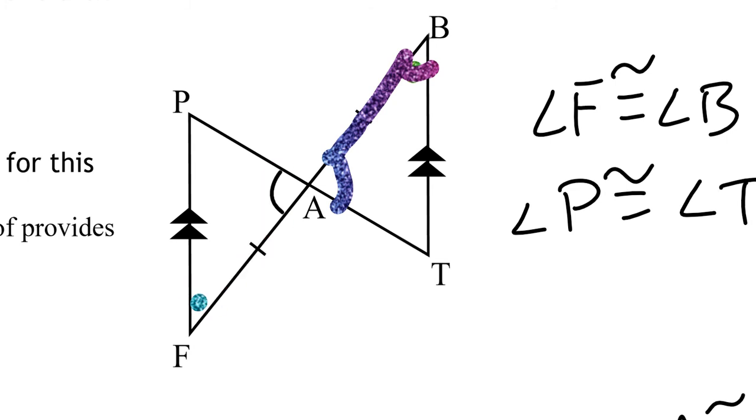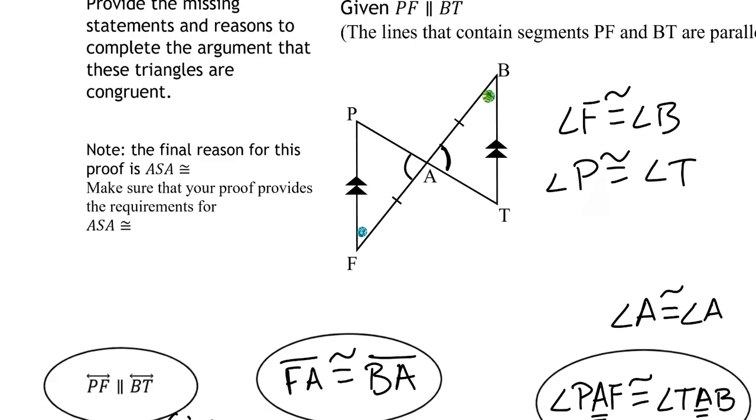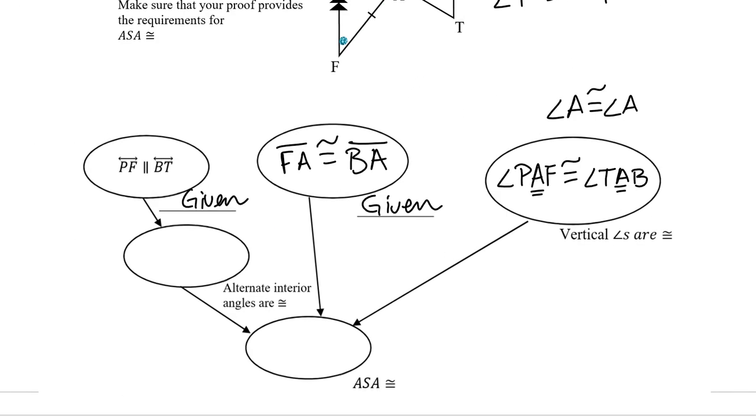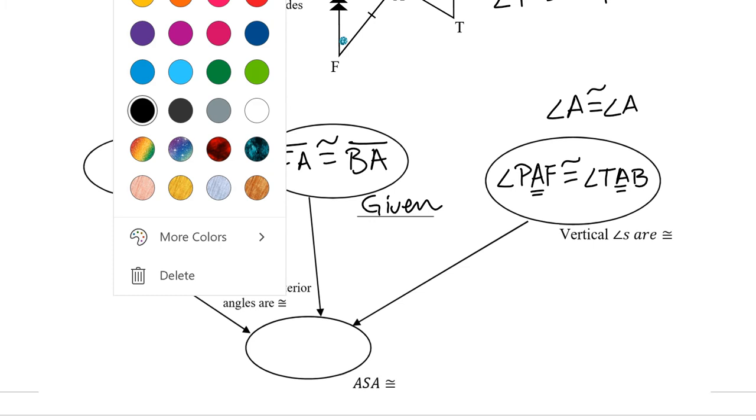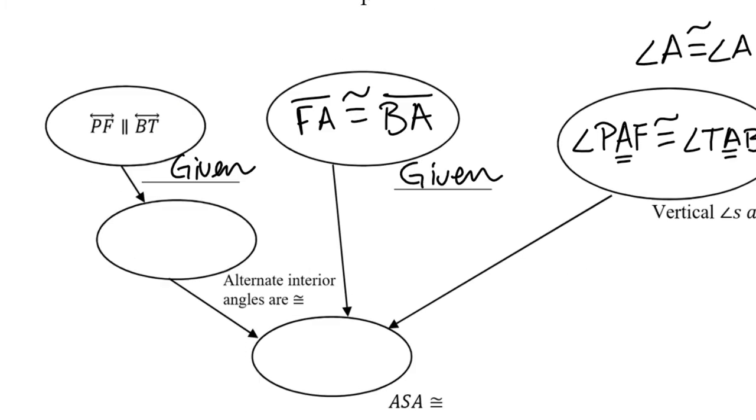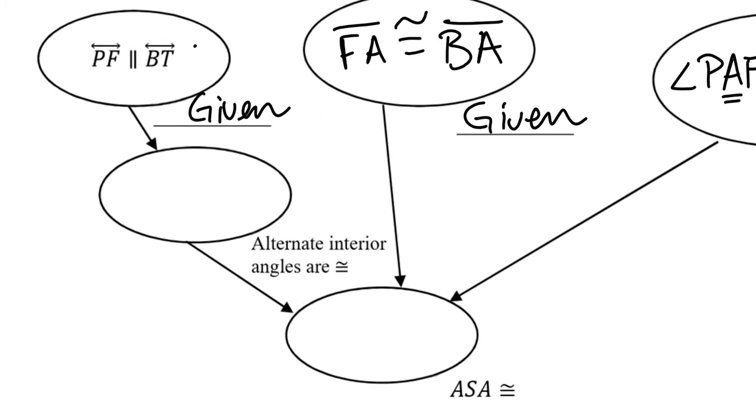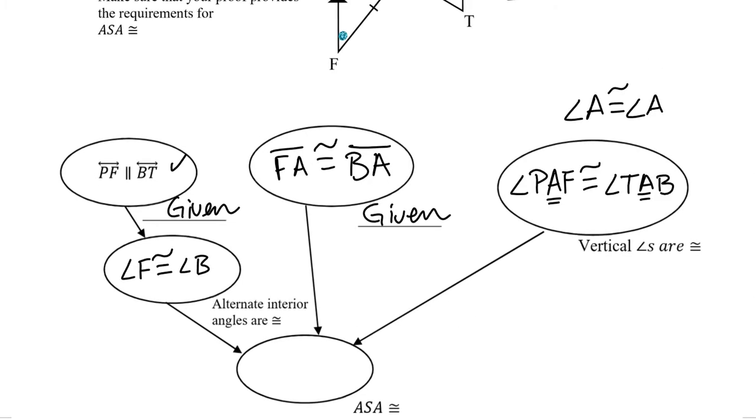So we're ready. So I need to point out that angle F and angle B are congruent. Now, it turns out that they are alternate interior angles, and it also turns out that those lines were parallel because you can see it's given right there. So I'm just going to say angle F is congruent to angle B. Now, you may be asking yourself, why are you just using F and B here when over here you said you couldn't use A?